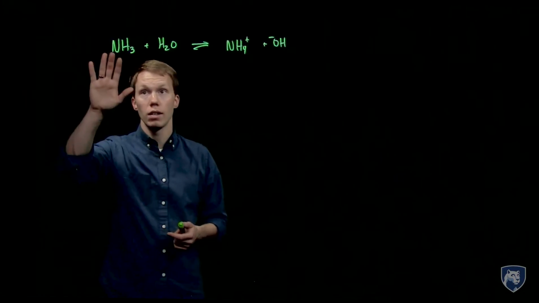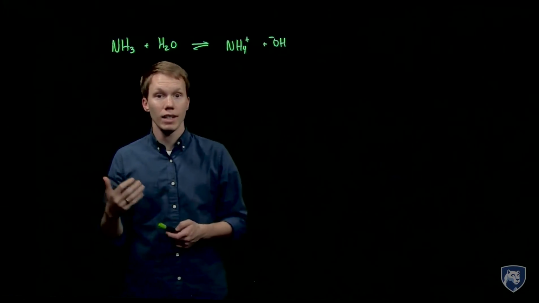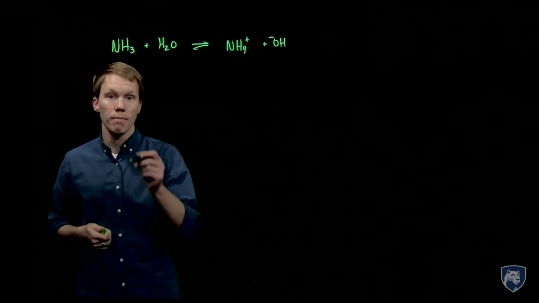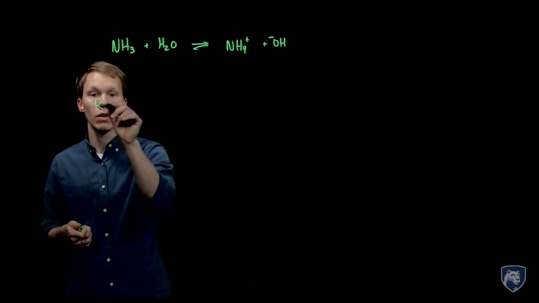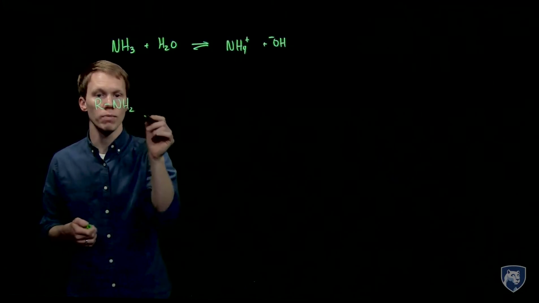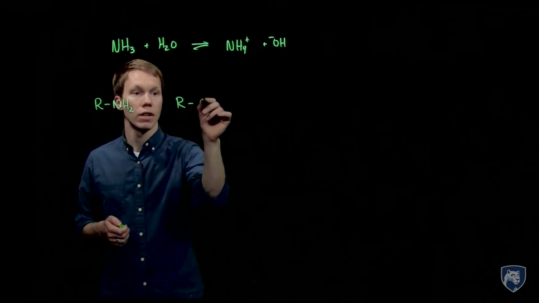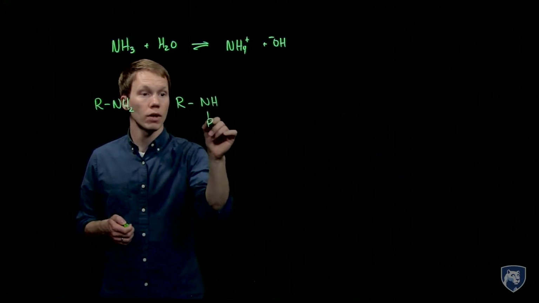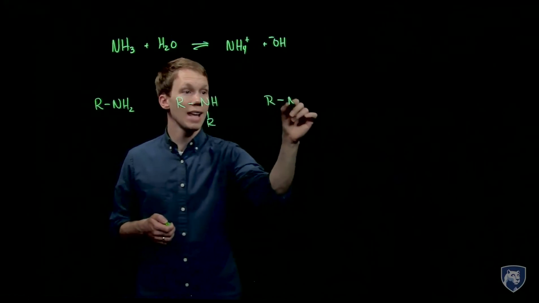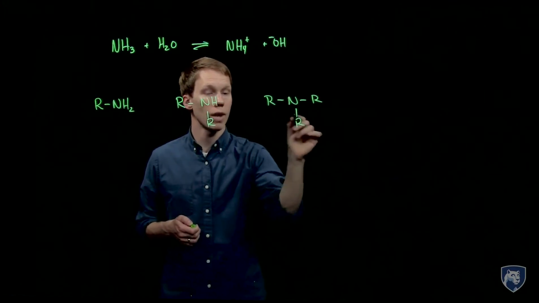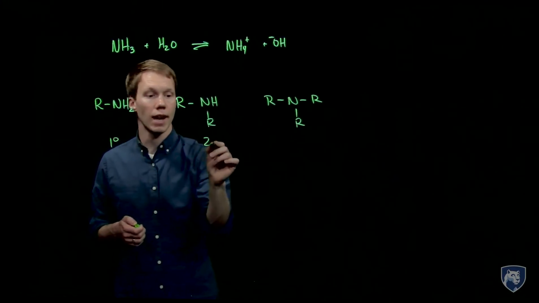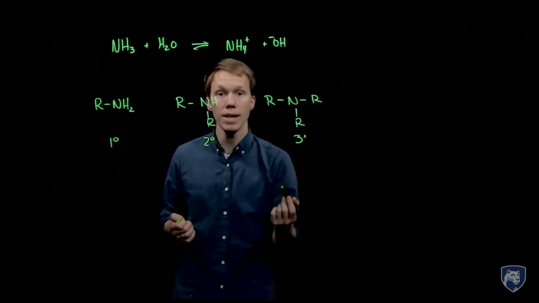So this ammonia is analogous to our organic amines. So anything with an NH2 group, or if we have an NH group, or just an N, depending on whether it's a primary, secondary, or tertiary amine group.